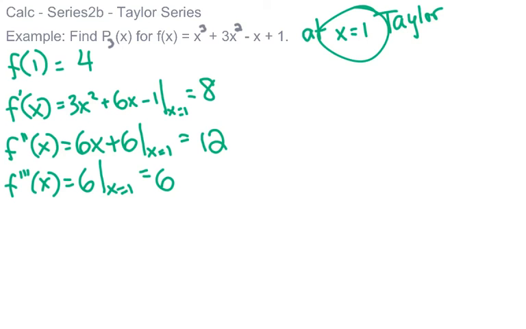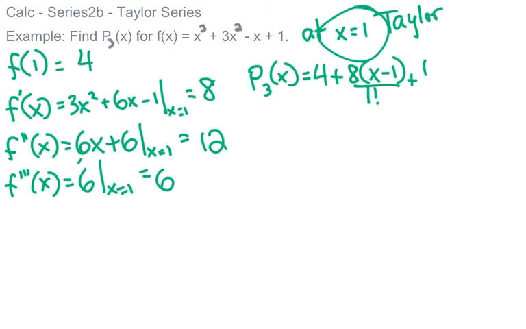Now, we'll basically do what we did before, which is writing the third order polynomial. And one of the major mistakes that students can make in this step is to forget the factorial. So what we have is 4 plus 8 times x minus 1 over 1 factorial.